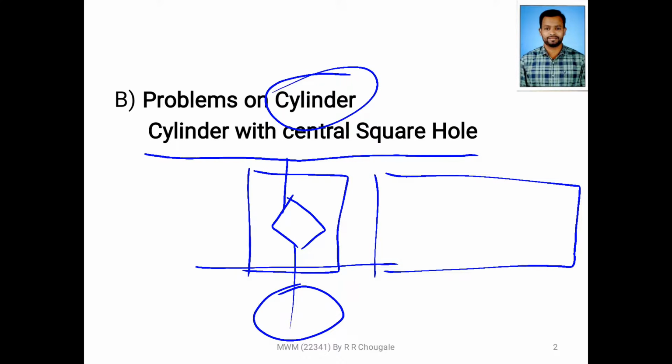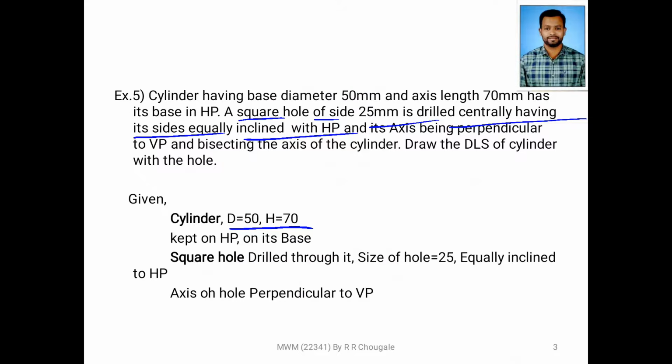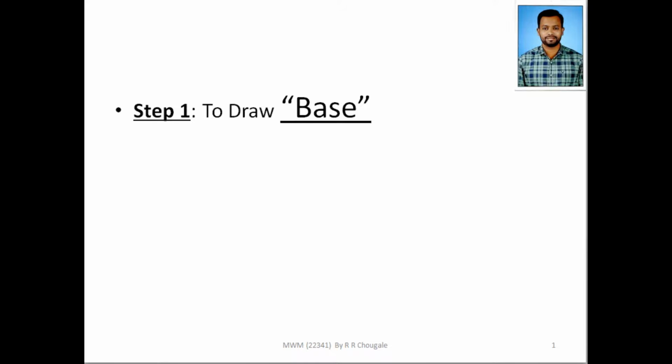That is, a hole is drilled in the cylinder with its axis perpendicular to VP, bisecting the axis of the cylinder, which means it is at the center of the cylinder. Draw the DLS. These are the given points, so we will see how to draw the DLS of such a problem.